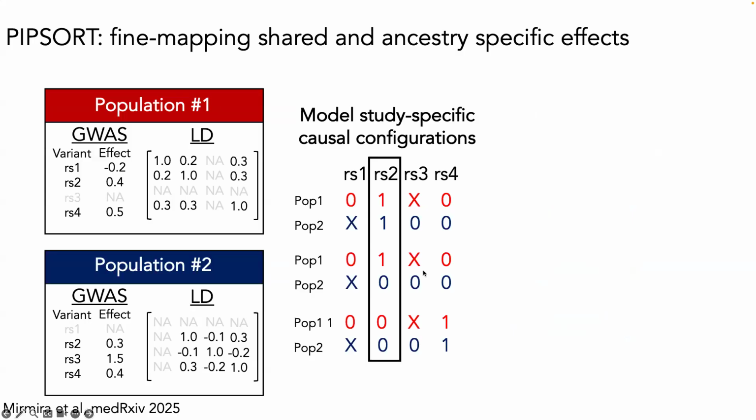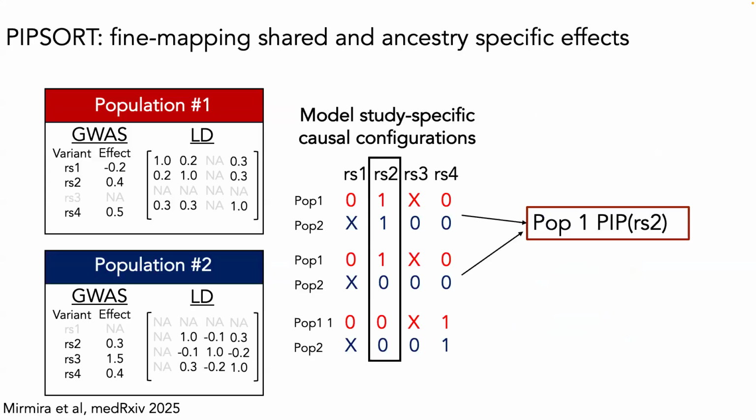And then, similar to what we did in the previous method, if we wanted to find the posterior probability that any particular variant is causal, we can just add up the probabilities of the relevant configurations. The key difference here is that because we now have study-specific configurations, we can get study-specific probabilities of causality.